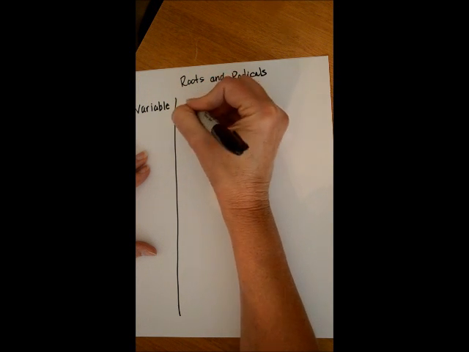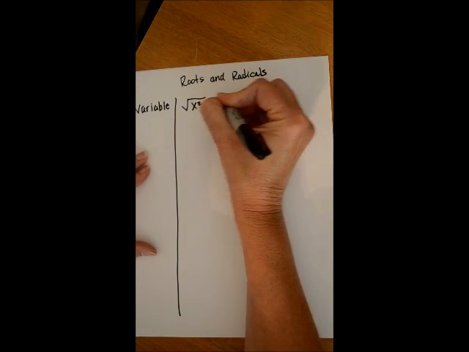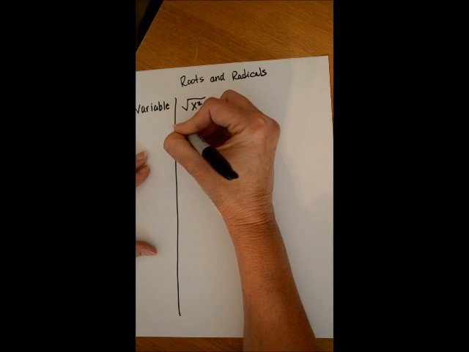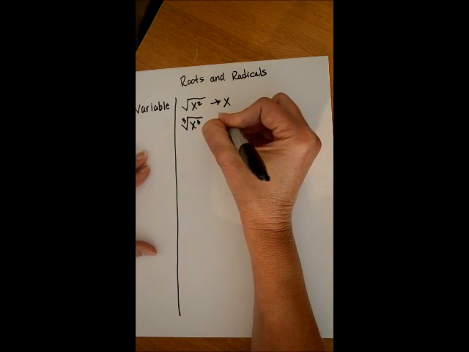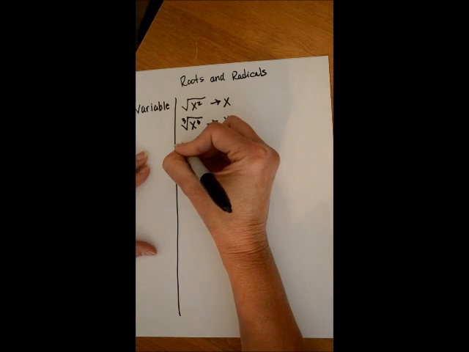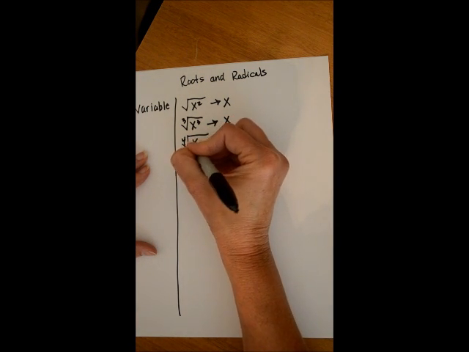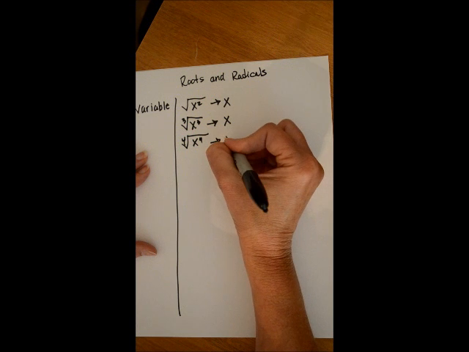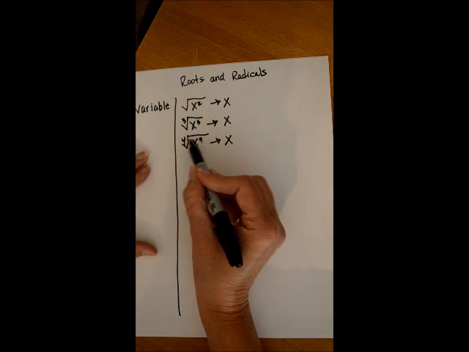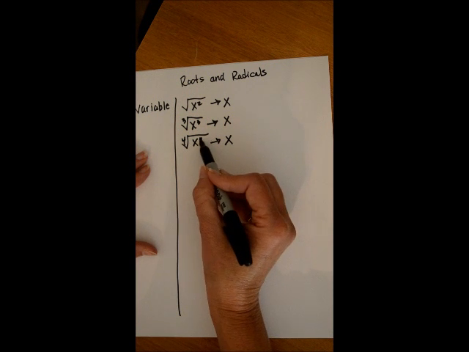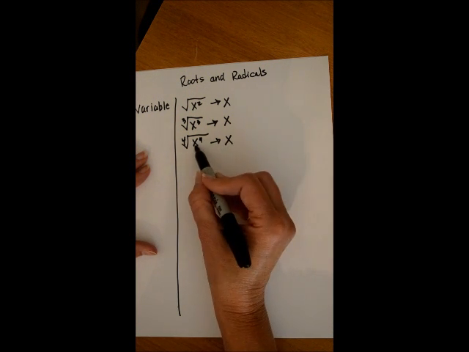If I have the square root of x squared, that is going to give me x. If I have the cube root of x cubed, I'm going to end up with x. If I have the fourth root of x to the fourth, I'm going to end up with x. If your index and your power match, then you're going to get the base.